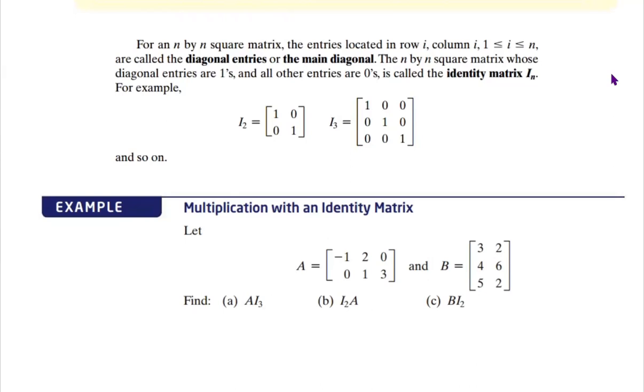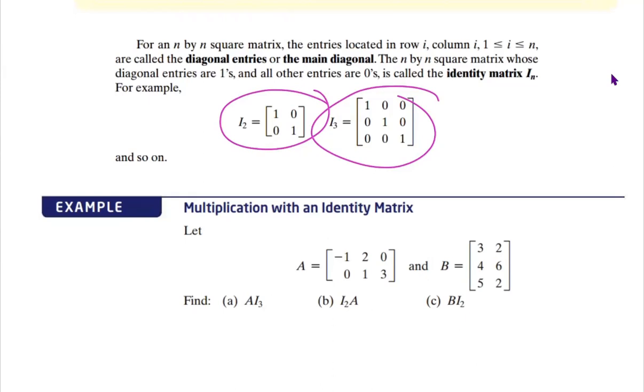Like I2 is 1, 0, 0, 1, and I3 is 1, 0, 0, 0, 1, 0, 0, 0, 1.